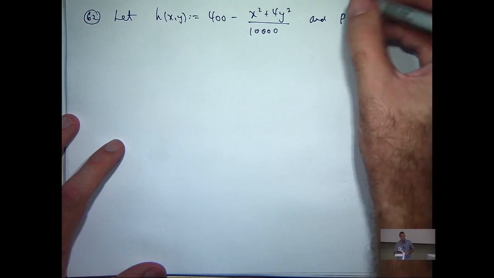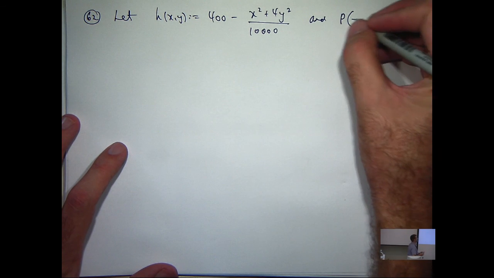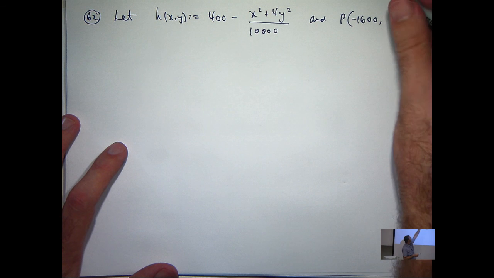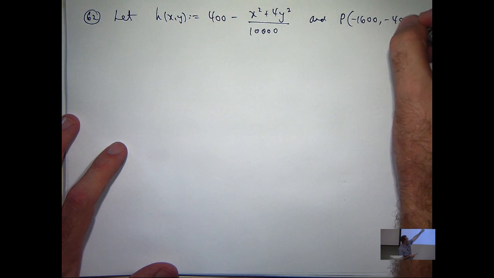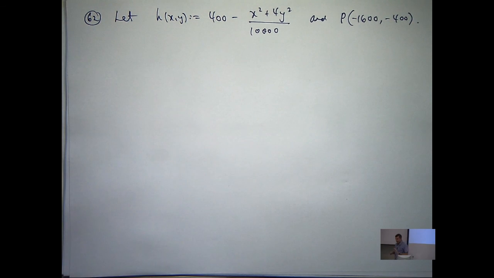So here's our function h in metres, and our point of interest is here. Now, if we're standing at that point and we're looking in the direction of the peak, first of all, the question is, where is the peak? And secondly, what's the vector associated with it? So let's look at our function h. Where does h have its maximum value?